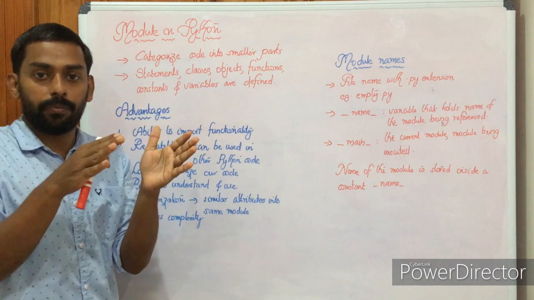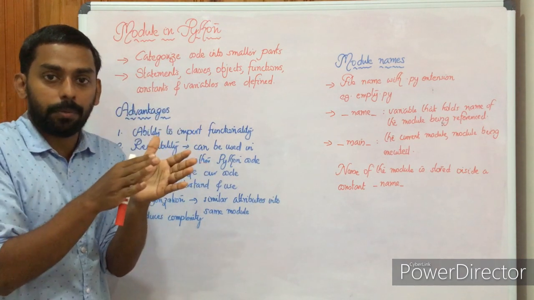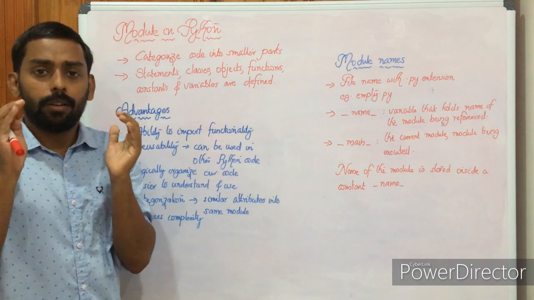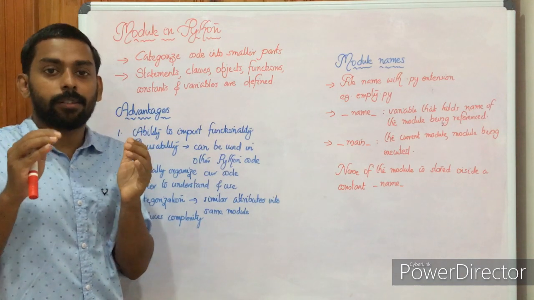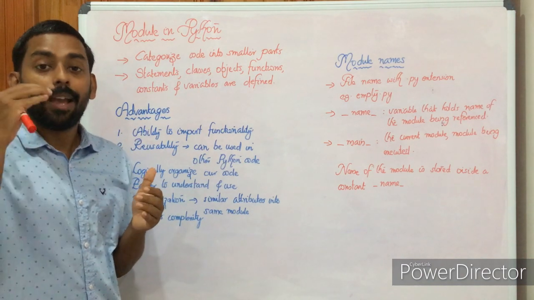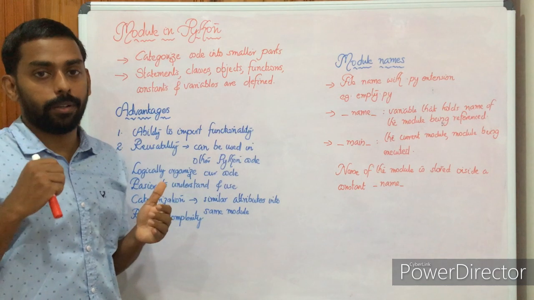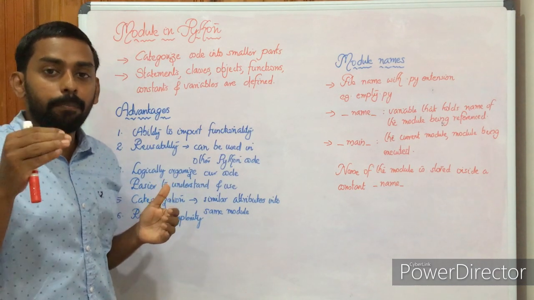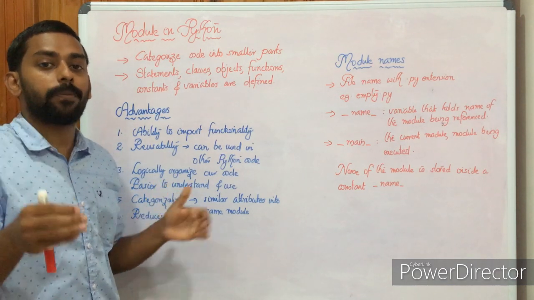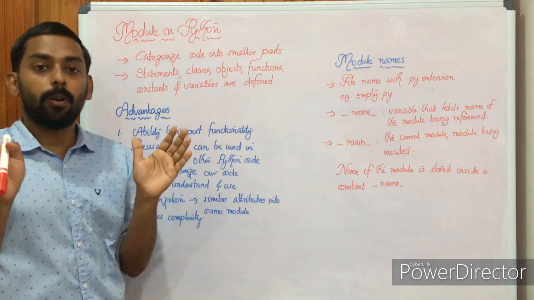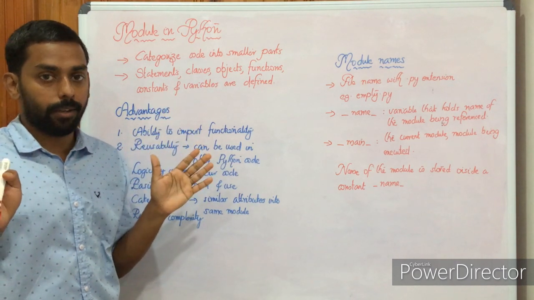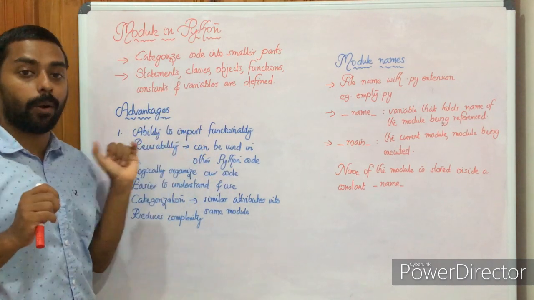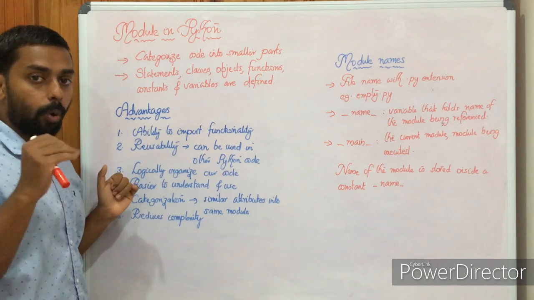Then we divide it into different units, each unit into different chapters. What is the logic? That's a best practice to manage it, to understand it, to solve it. The same strategy, the same pattern, is followed here in programming also. That is called module or modularity. So it will be very easy for us to understand and use the code.